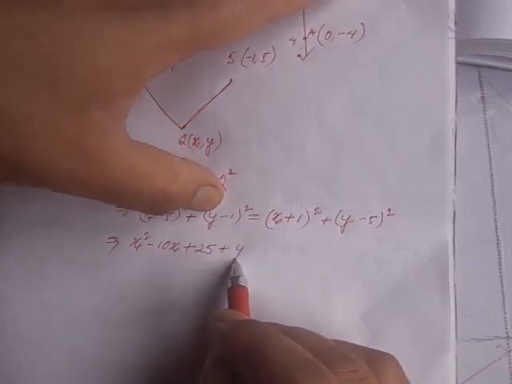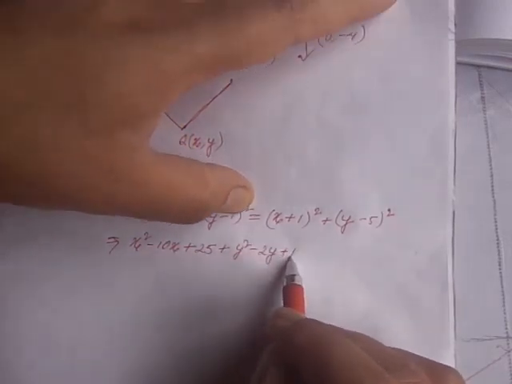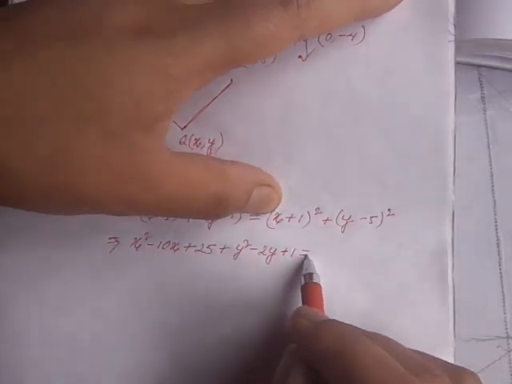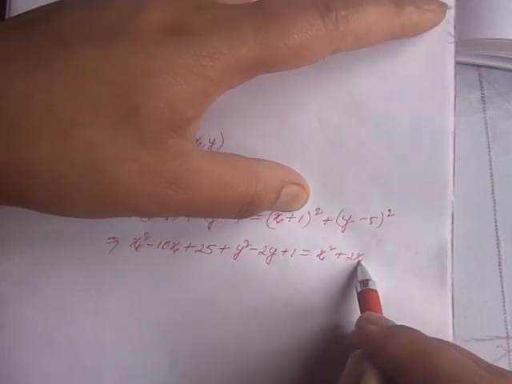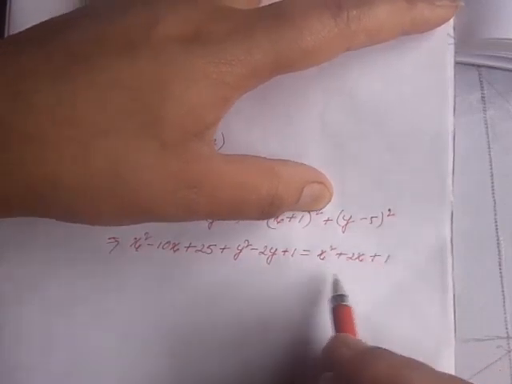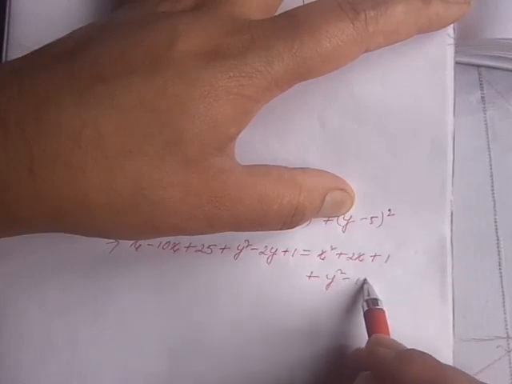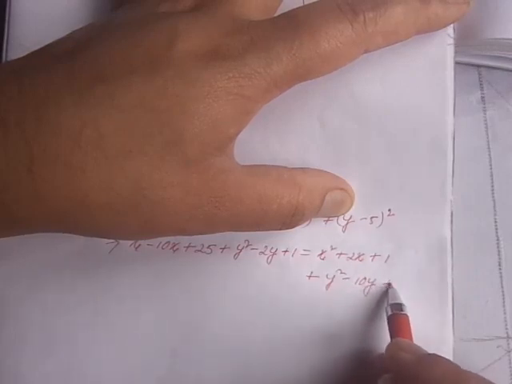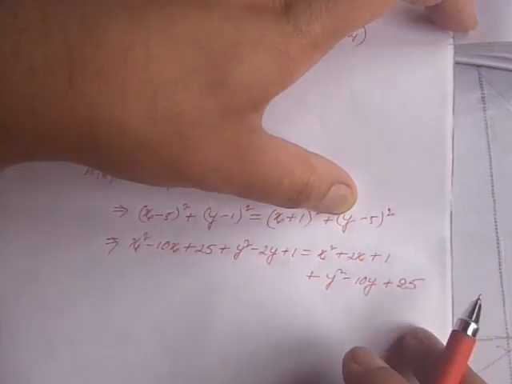Then plus again a square minus 2ab plus b square, so 1 square is 1. Then again a square plus 2ab, so it comes 2x, plus 1 square is 1. Then again a square minus 2ab, this will come 10y, then plus 25, y square is 25.